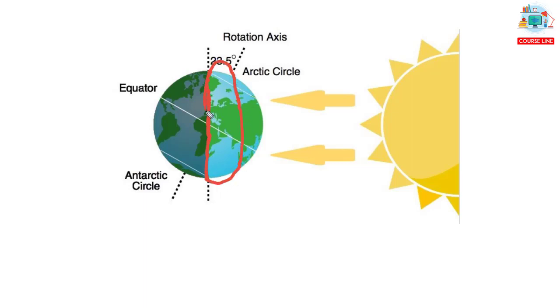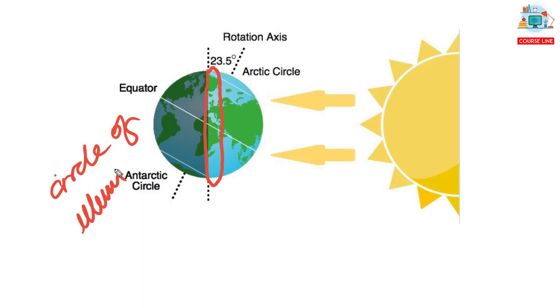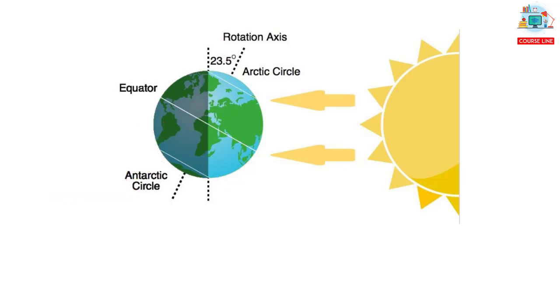Due to the two-dimensional image it appears to be a line, but if you watch in three dimensions, you will see that this is a circle, and this circle divides day from night, and it is called the circle of illumination. Okay, fine. Let's move ahead.